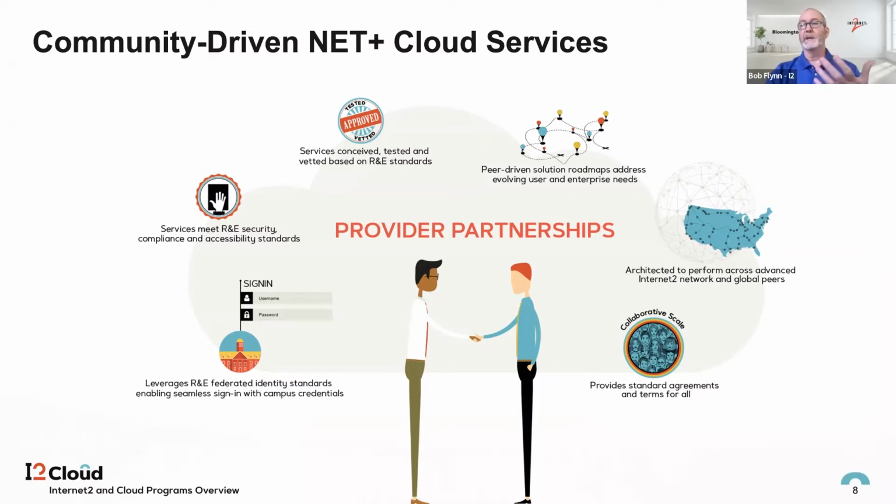We set up advisory boards to convene and converse with the community and the vendors to move forward with the priorities of the community for getting items on the roadmap for those vendors. So that's a very high level overview of Internet2 and of the work that we do to help support your work in the cloud.